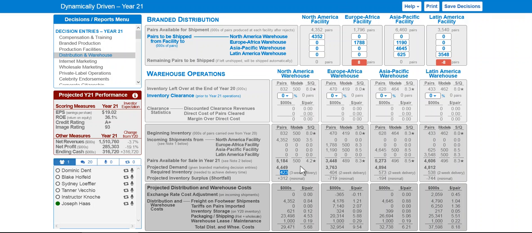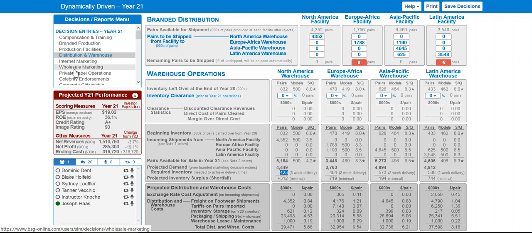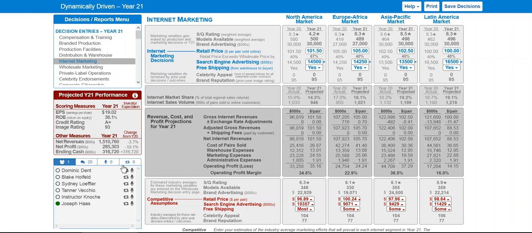I wanted more pairs to be sold rather than having them sit in a warehouse. So that's why we did not do the 1 week. We did 2 week delivery across the board, which also gives us more cash on hand, because delivery time's expensive.